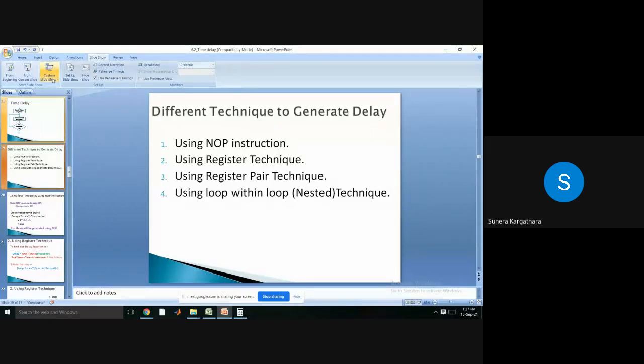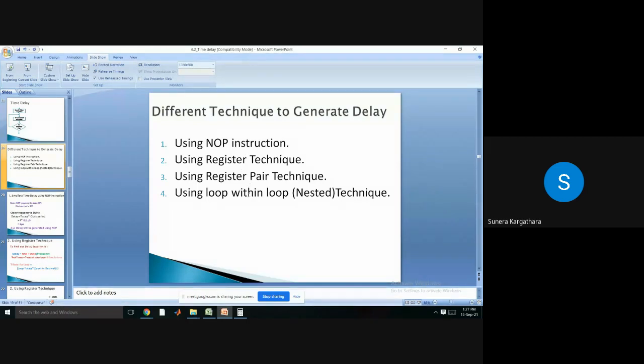Students, we discussed time delay encountered in lab. We discussed how to generate a counter, and how to provide a delay in between counts. For that delay generation, two techniques were already discussed in our lab.